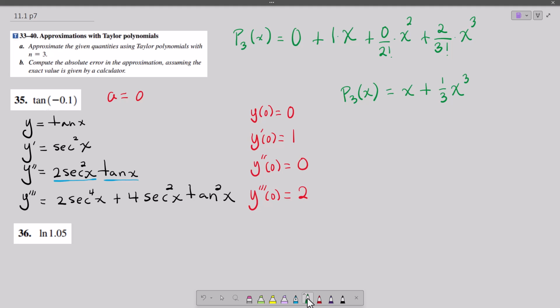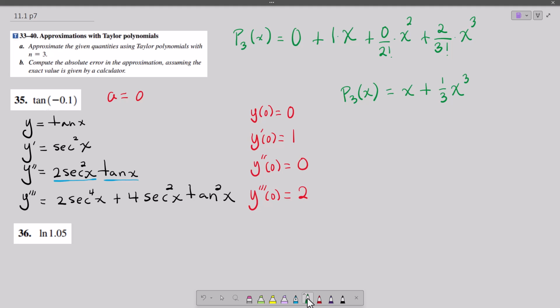Okay, so now they want us to compute the error. The absolute error just means the absolute value of the error. So we can plug this into the calculator to get a super accurate approximation. This is going to be a less accurate approximation. Remember, when you type that into your calculator, you are getting an approximation. It is not giving you an exact value unless you have a super fancy computer algebra system.